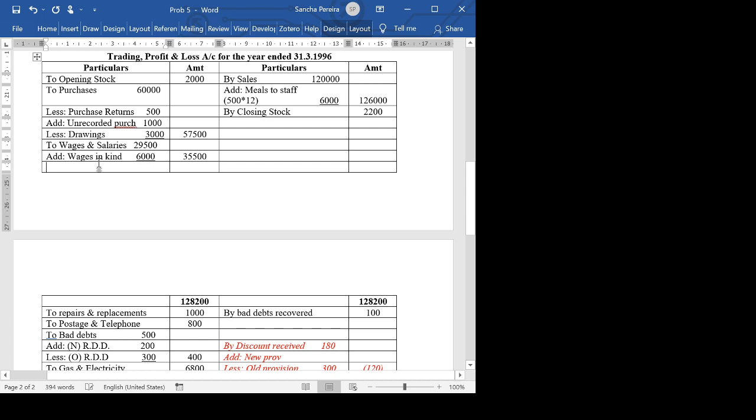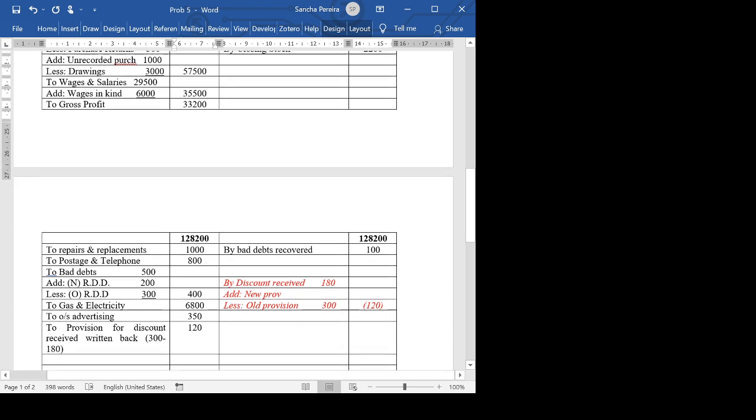To gross profit, that comes to 33,200. The gross profit is 33,200.